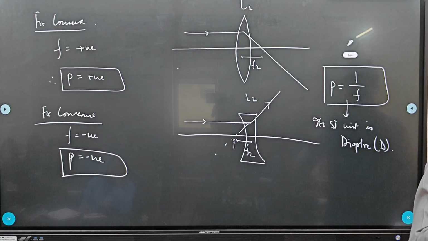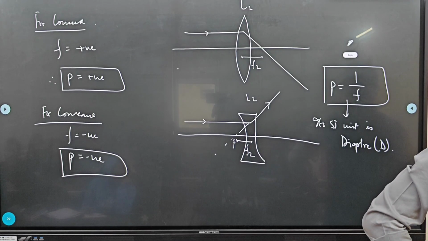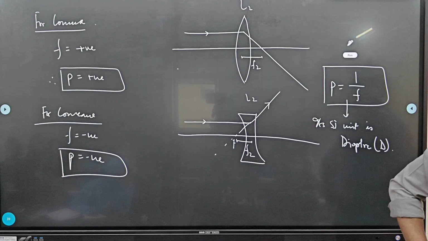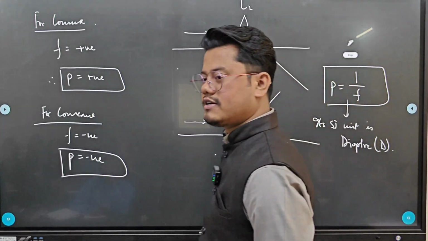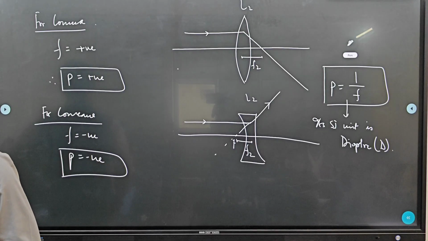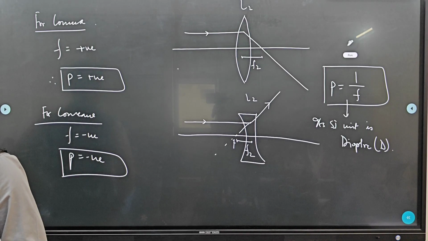Most of you, I mean 100% of you, are having myopic eye. Just tell me, what is the power of your lens? Minus or not? Minus. Even I have got minus. Anyone who is having plus?